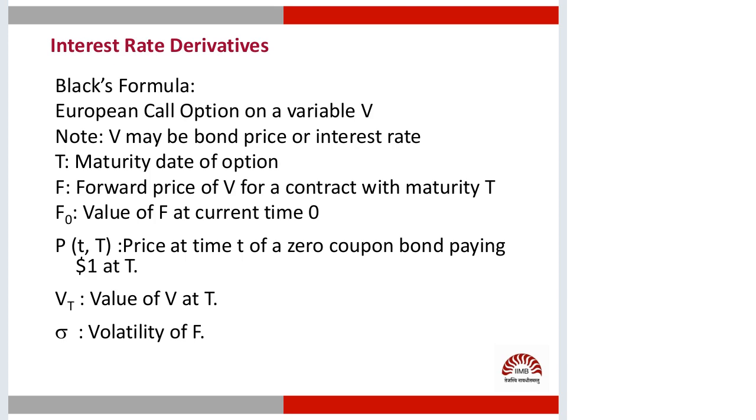Now you have the rest of it. If you look at the rest of it, you can see I have the same thing. I have an underlying. I have the maturity date of the option, right?